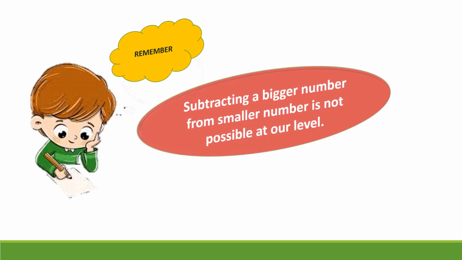Before learning the second property, here I want to tell you a point to remember. So let's see what the point is. Subtracting a bigger number from smaller number is not possible at our level.